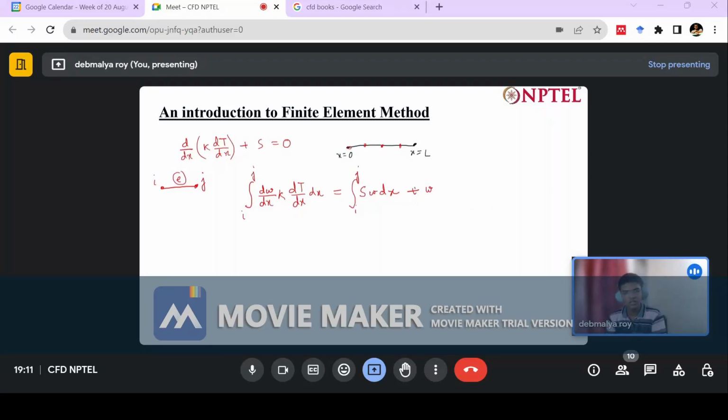So we were just taking heat flux at I and heat flux at J. I think we arrived at an equation like this.